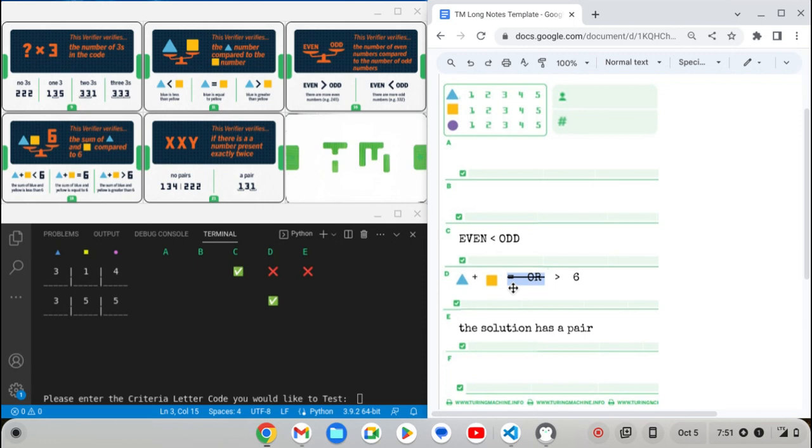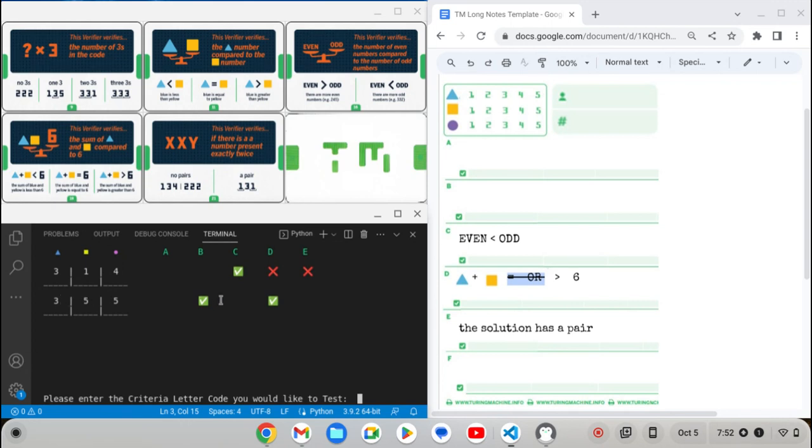Now let's actually test criteria card B. See how we compare triangle and square. Oops, B, not D. I already did D. B. Okay, and it is also true that since my proposal has 3 and 5 for triangle and square, my triangle is smaller than square.